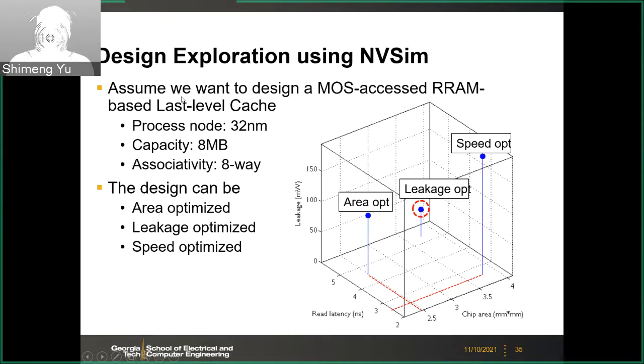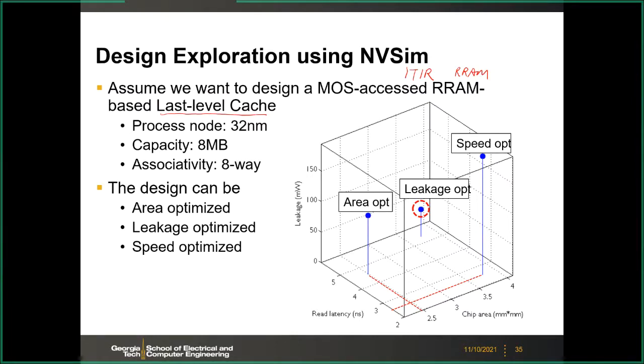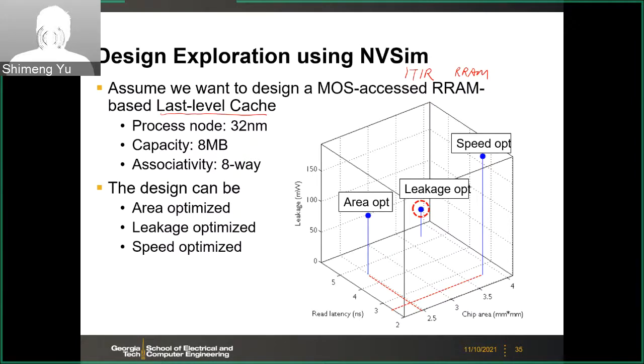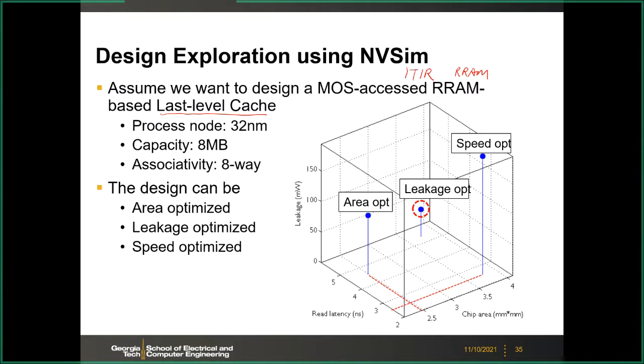In this particular example, we want to design a most accessed, that means 1T1R, based RRAM for the last level cache. First of all, I would ask the question: do you think this is a viable application? Do you think RRAM is good for this application?